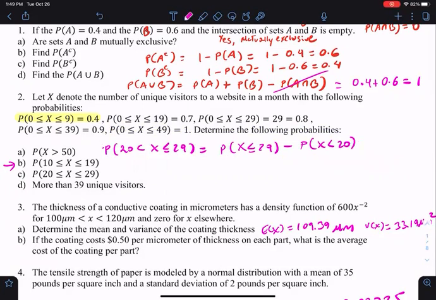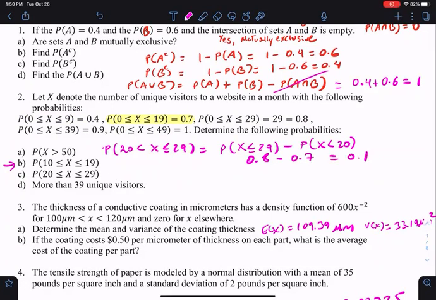So less than 29, that means this one, which is 0.8. And less than 20 means this one, right? Because less than 20 is not counting 20, so it's from 0 to 19 basically. So this is 0.8 minus 0.7, 0.1.